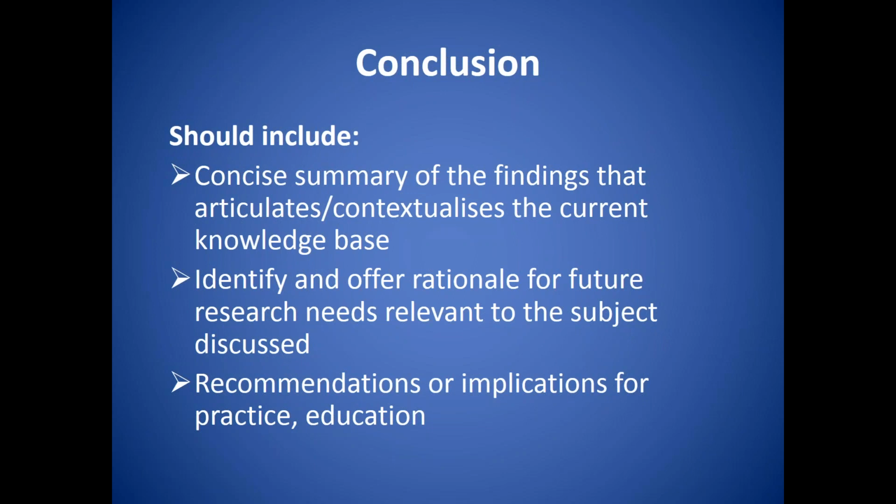So you introduce it, this is what I'm going to look at, this is how I've obtained my literature, you discuss your literature, you discuss your gap of where your research sits, and then you tell us what you've just done. Okay, so it's a summary of the findings from the literature that contextualizes your research within that body of current knowledge.